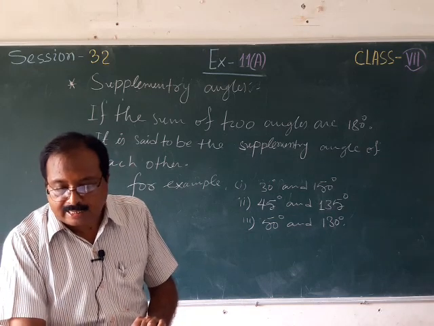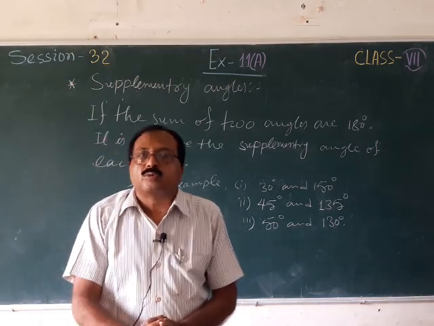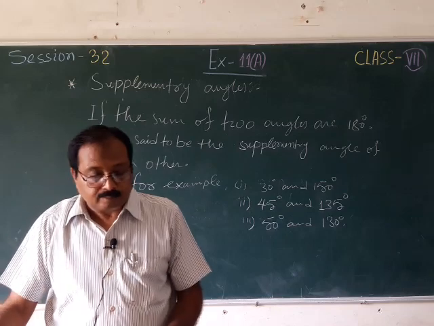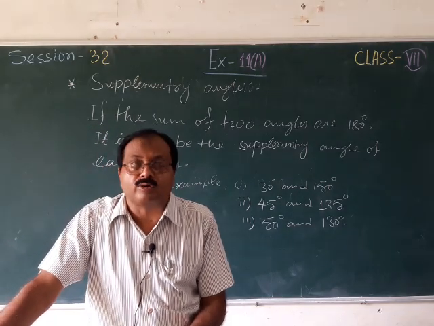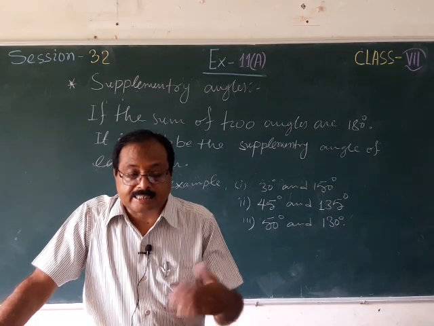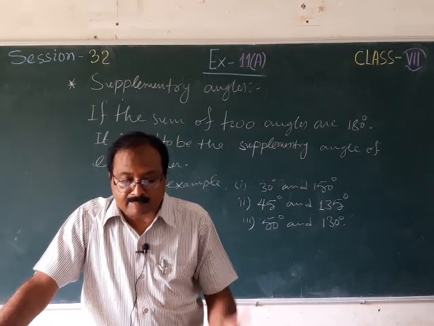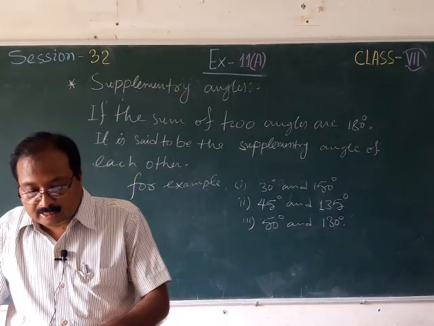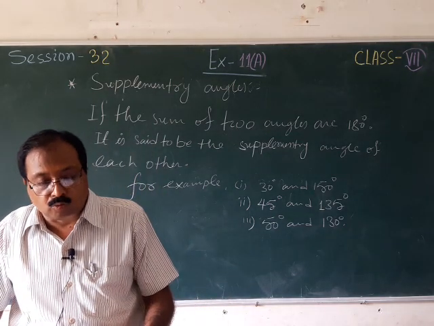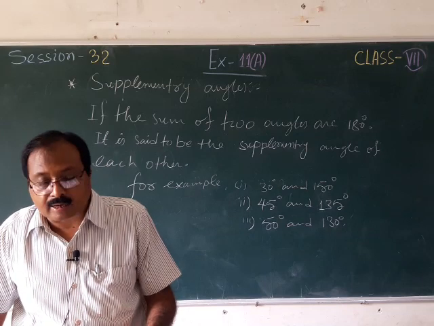So you have to do it like that. Then after writing these definitions from your book, you need to write all the definitions: adjacent angle, complementary angle, supplementary angle. I am just helping you understand these things. Then I will talk about a few more things in the coming classes.